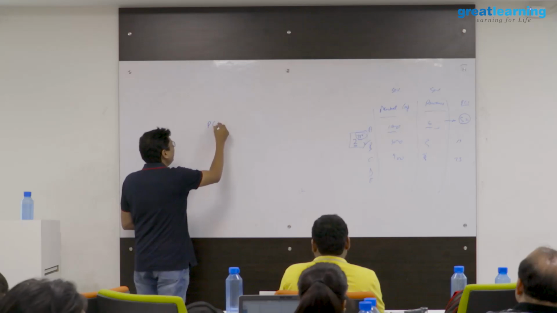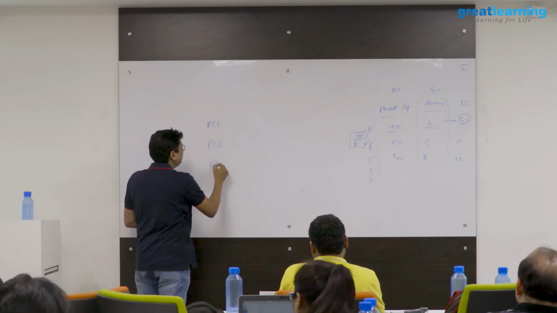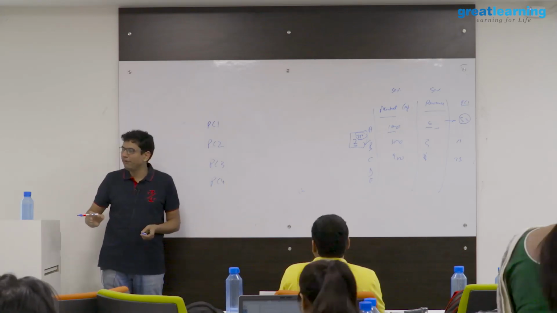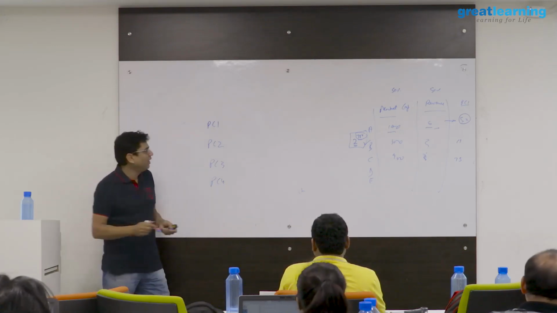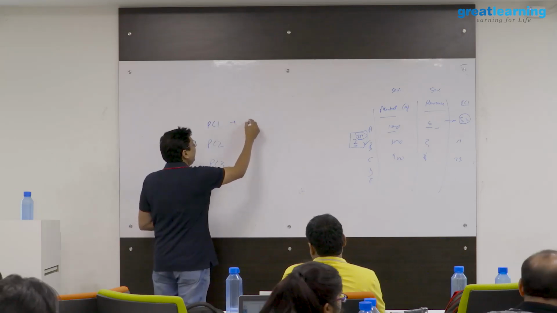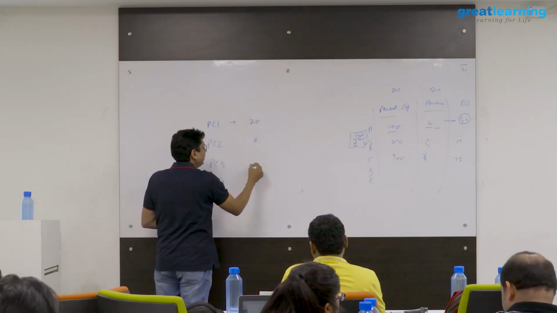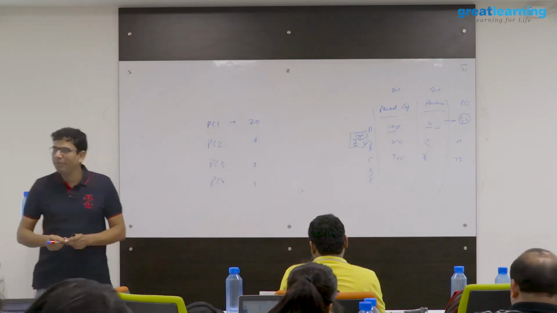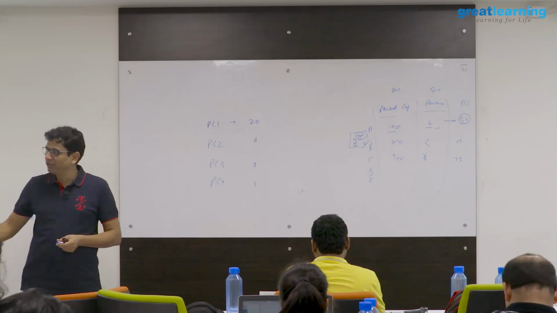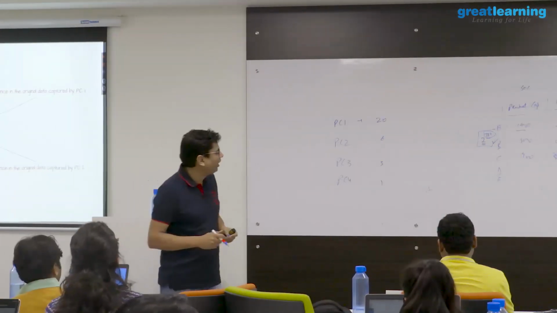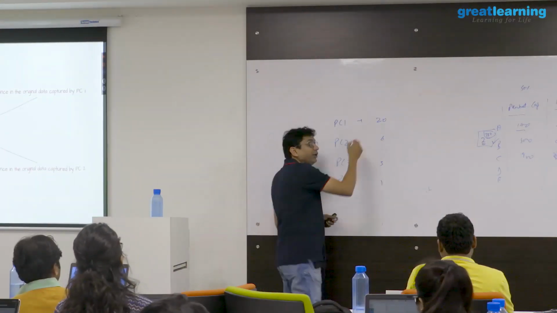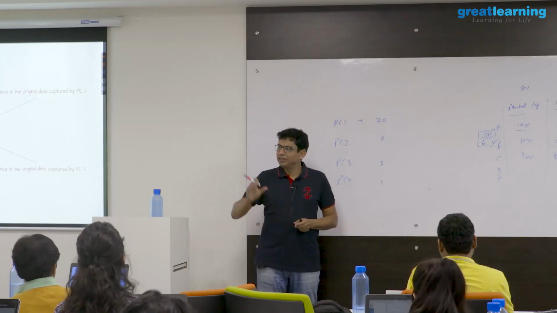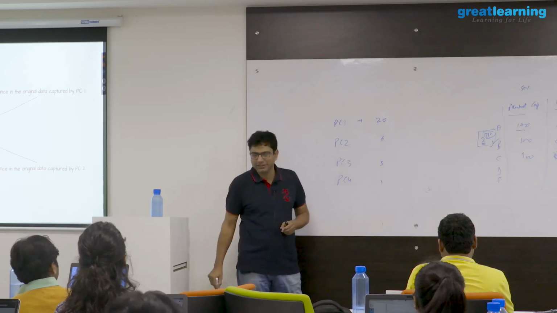Suppose you have PC1, PC2, PC3, PC4. Suppose we have 4 features to start with, and we ended up with 4 PCs. And the values of SSD are say 20, 6, 3, 1. Usually, as you go from PC1 towards the higher dimensions, the SSDs will reduce, because that's the maximum we are trying to capture in PC1 itself.